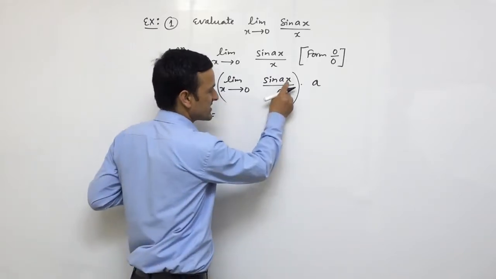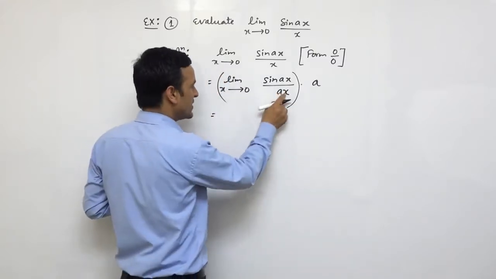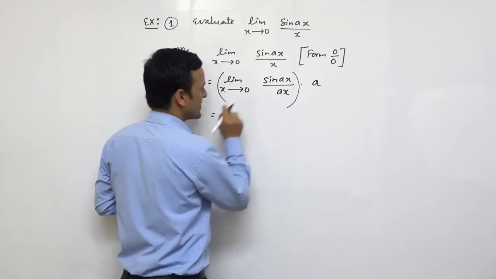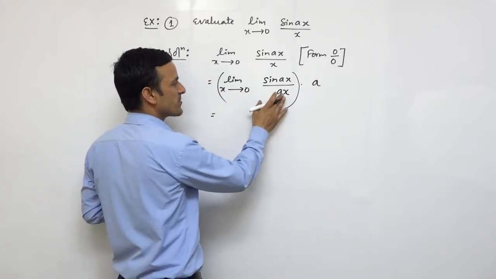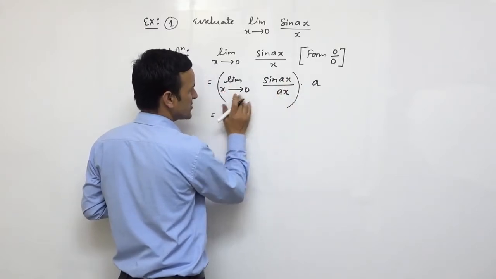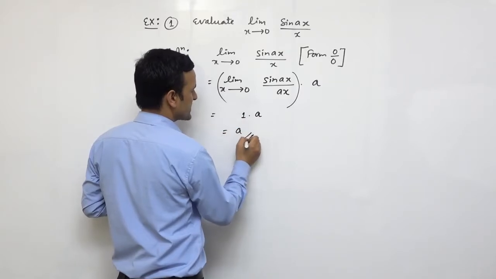Here sin theta by theta is 1 and a remains, with theta tends to 0. Sin theta by theta when limit x tends to 0 will be 1 and here is a, so our answer is a.